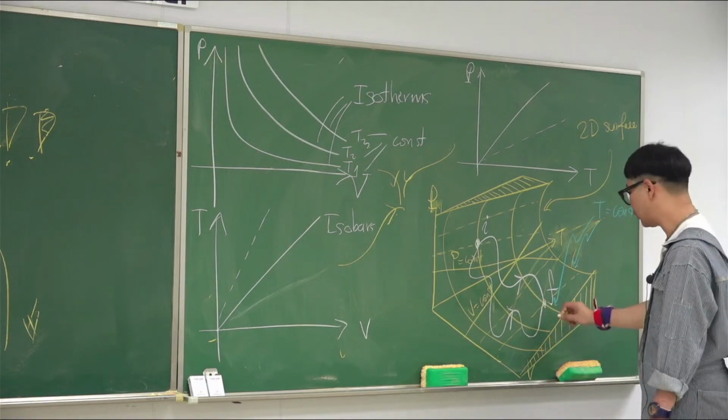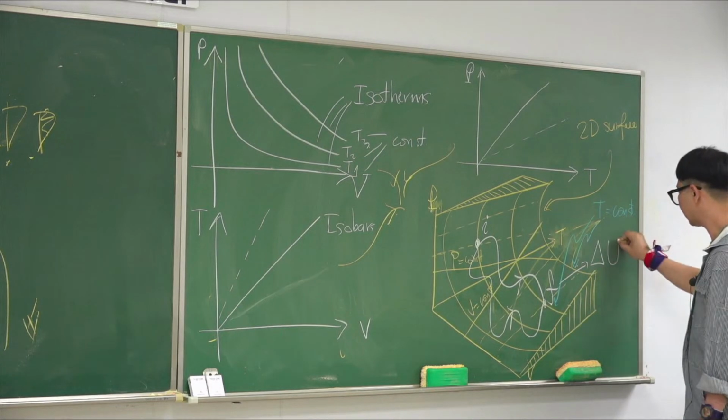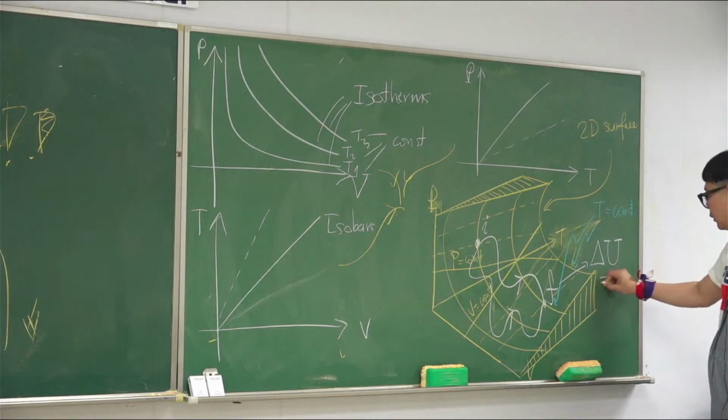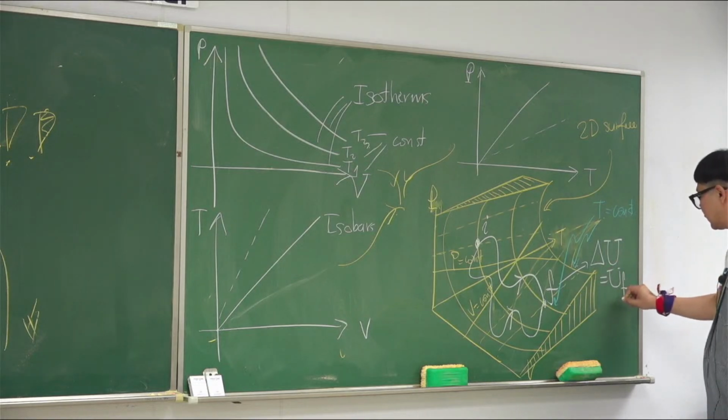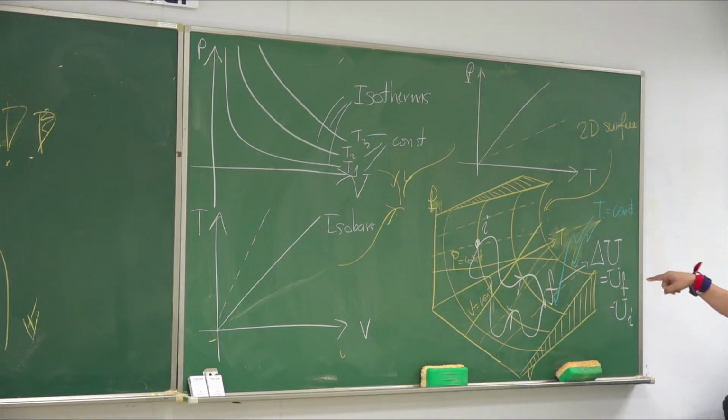And then you could find the total difference of the U, which actually solely depends on the function at the initial and the final point, not really on the path.